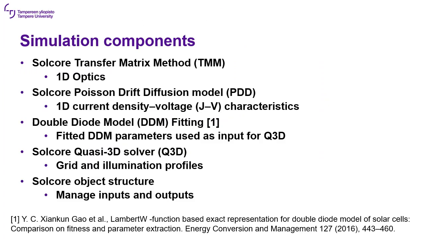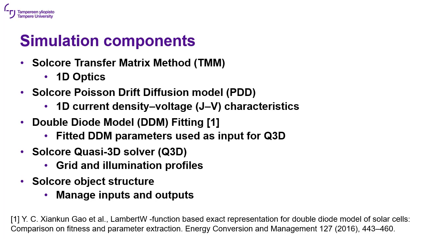Then let's talk about the magic done in this work. From Solcore, we used Solcore's transfer matrix method for 1D optics calculation. We also used Solcore's Poisson drift diffusion model for the 1D current density voltage characteristic determination for the layer structure. These characteristics were fitted with the double diode model fitting developed by Gao et al.